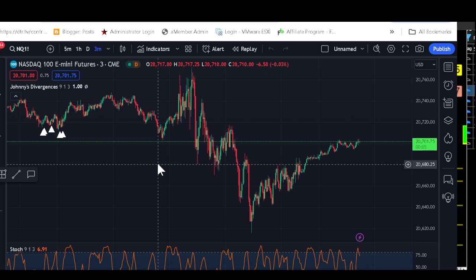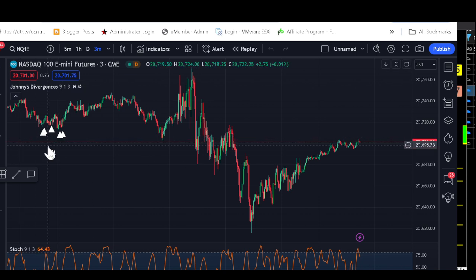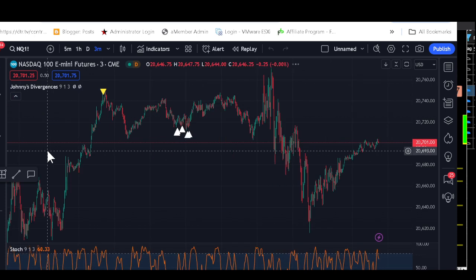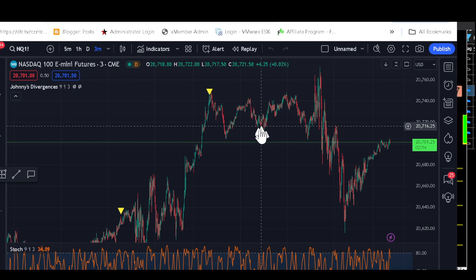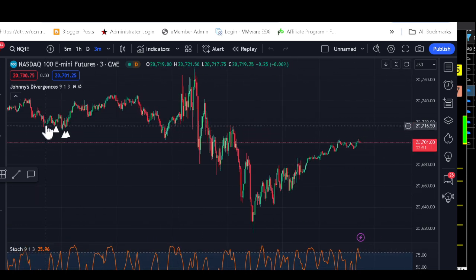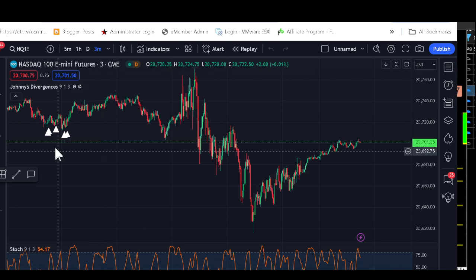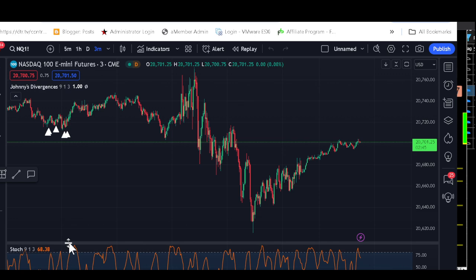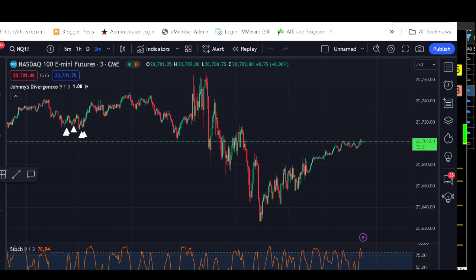So you'll see the triangles represent the divergences. Yellow triangles, sell divergence, white divergence. Again, it's not perfect because it's not really counting a quad rotation, because we'd only have one quad here. But this was a nice divergence, a good running divergence. I do remember this setup.